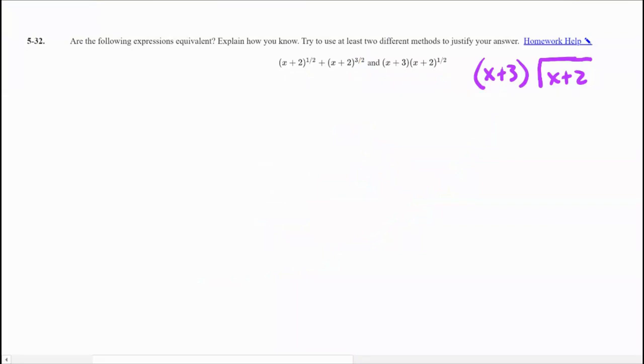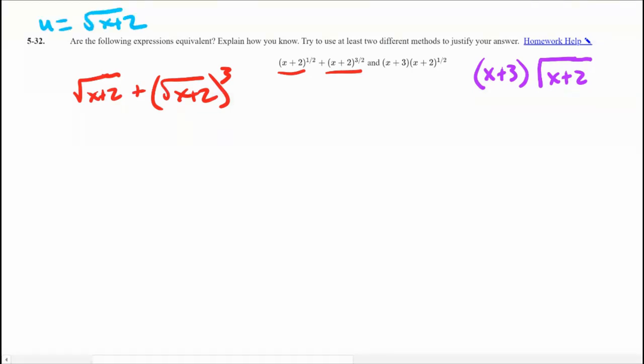I'll do the same first step here and change them into square root of x plus 2, plus the square root of x plus 2 to the power of 3. And now I'm going to say that u, to put it simply, is equal to the square root of x plus 2. Now, why does that help? Well, if we plug that in, we get u plus u to the power of 3.